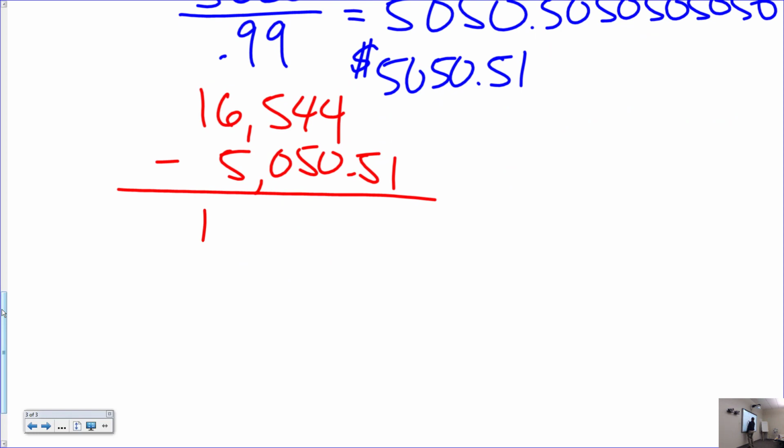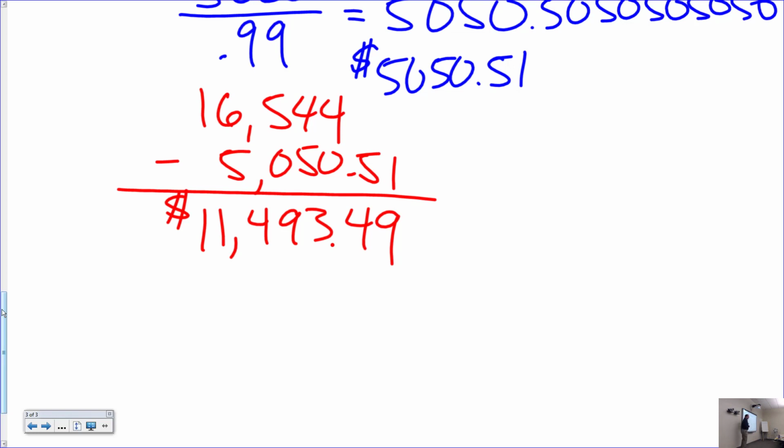So what did that work out to be? 11,493.49. So you're saying that's in the case that we don't pay in the regular time? Yeah. This is how much we would owe if we paid it around December 20th, after the due date, after our 1% discount is done.